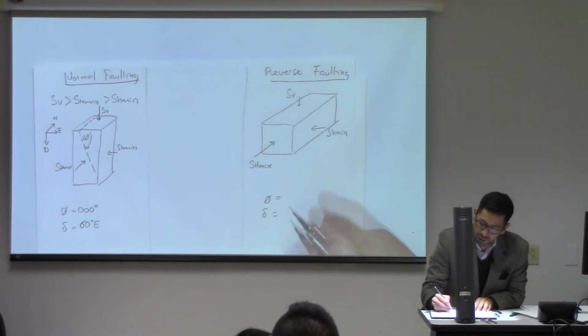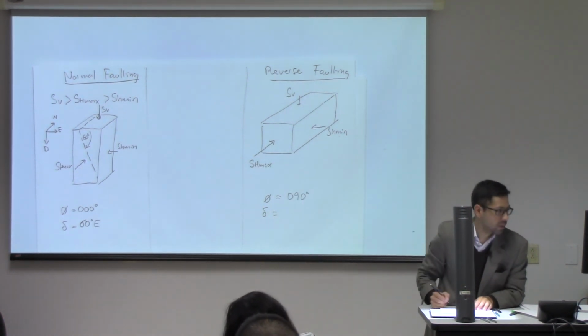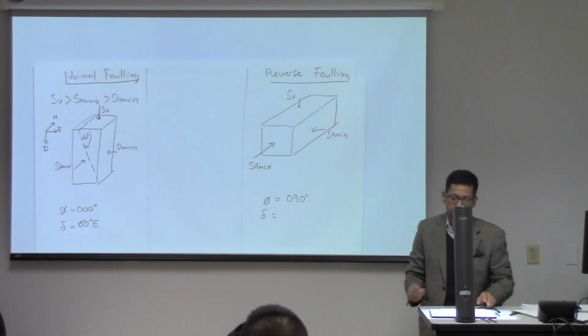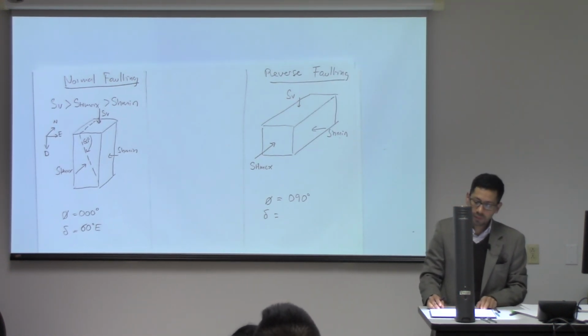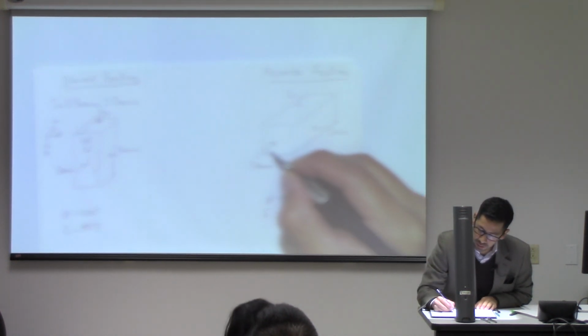So I'm going to write it, before I draw it, I want you to picture this in your head. 90 degrees, and what about the dip? So we said 60 degrees, right?